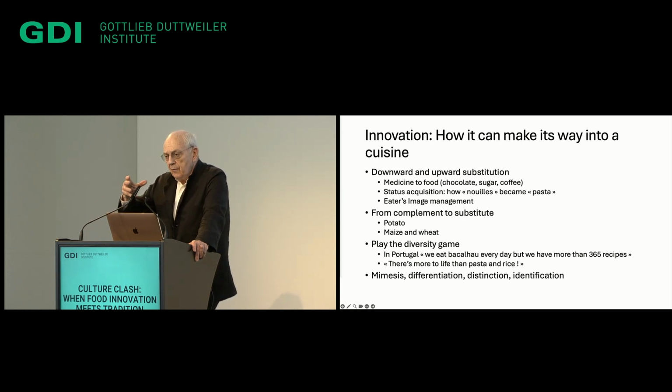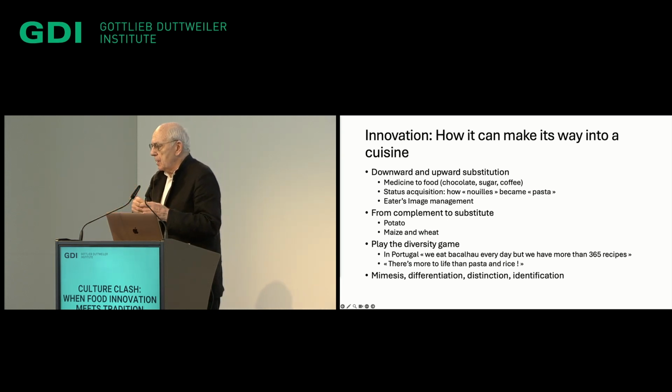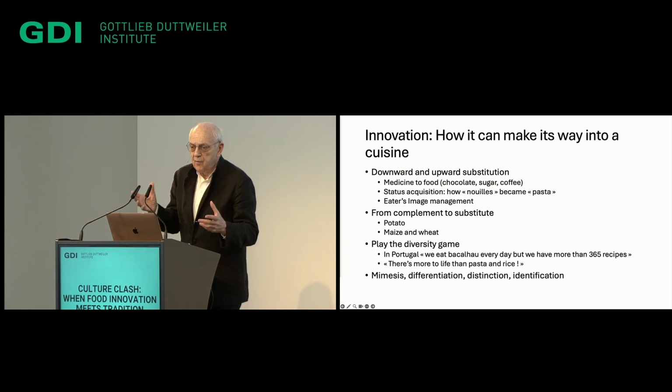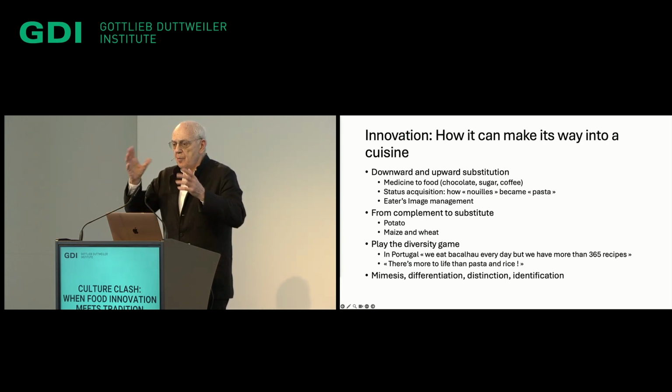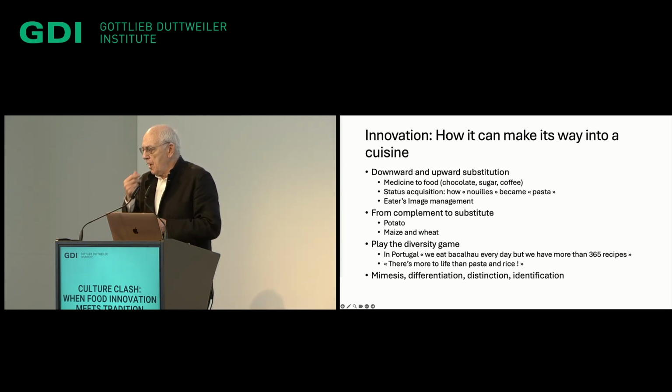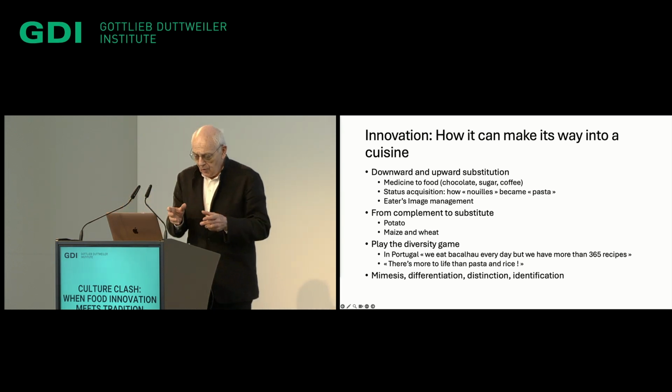You can use food for status acquisition. You can make a product more noble. There's a recent story, about 20 years ago in France, where a famous writer, Céline, writes about nouilles, noodles, and makes them sound terrible. It's like poor people's food, and they used to cook it in vessels that were used to do the laundry, so it smelled of washing powder and that sort of thing.